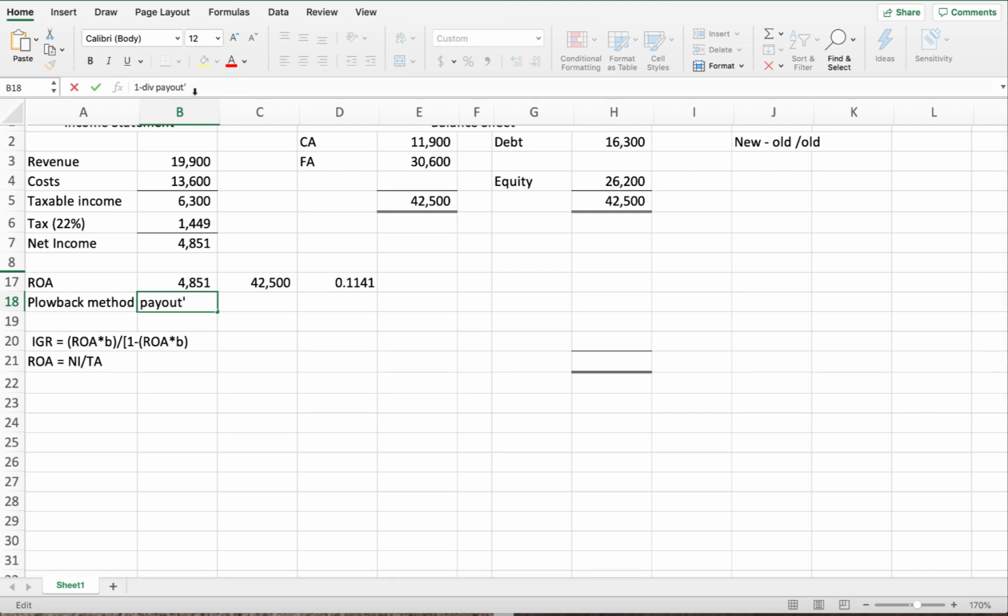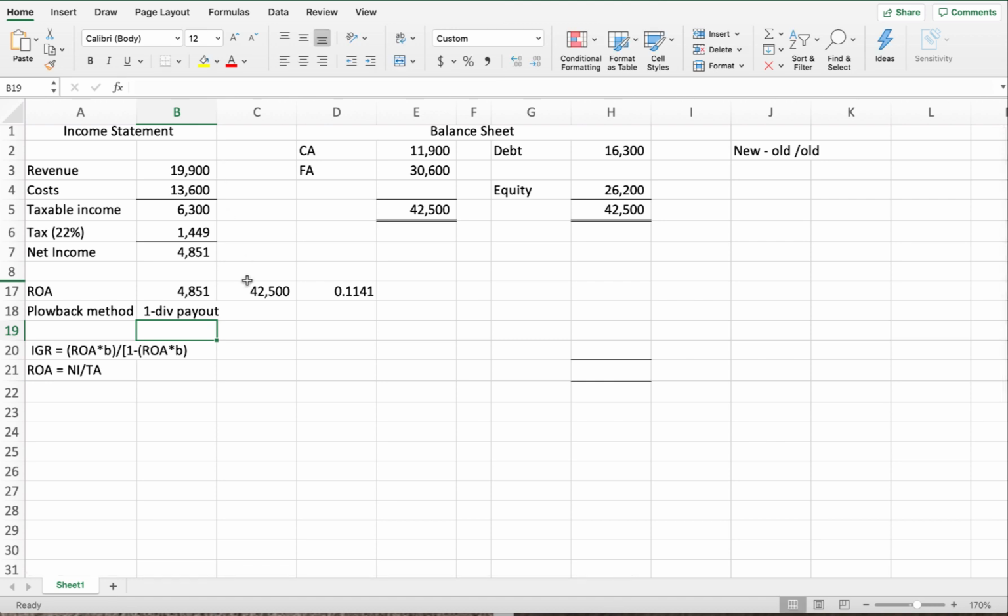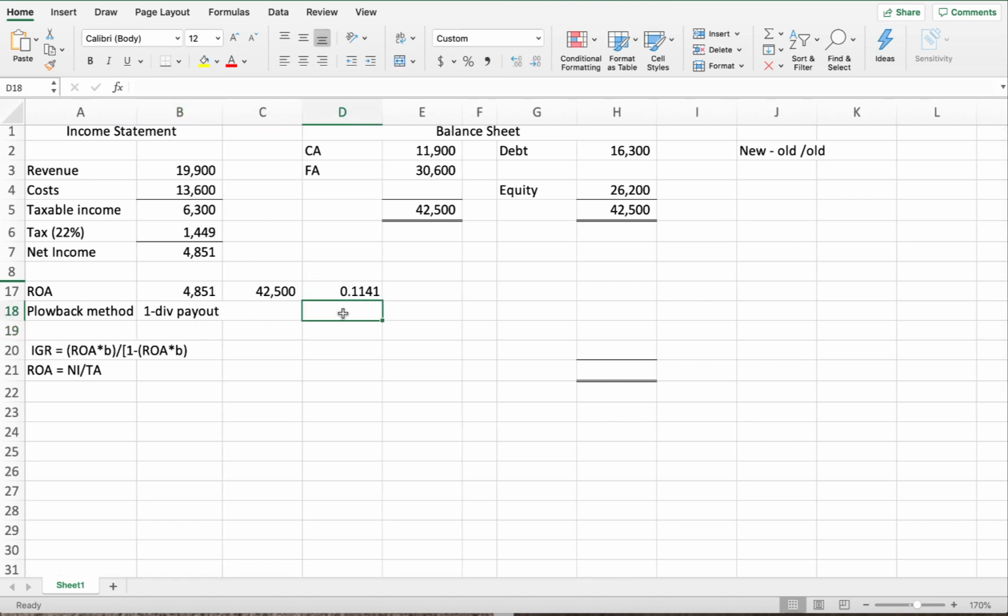That's easy, right? We know what that is. 1 minus, the problem tells us that the company maintains a constant 40% dividend payout ratio. It usually helps if you put an equals in there to get Excel to work. And we got 0.6.